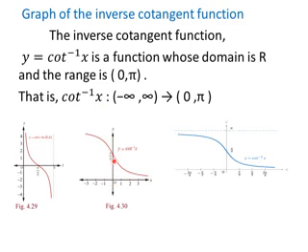So when x is equal to 0, our y value is pi by 2. Then when we replace x by infinity, y equal to cot inverse infinity, which is equal to 0. So when x is very large or very close to infinity, y value is very close to 0.